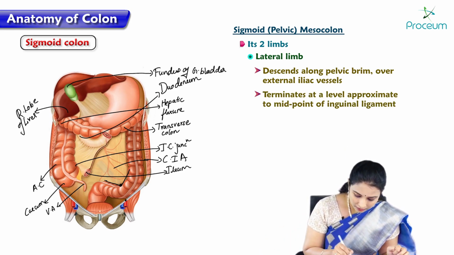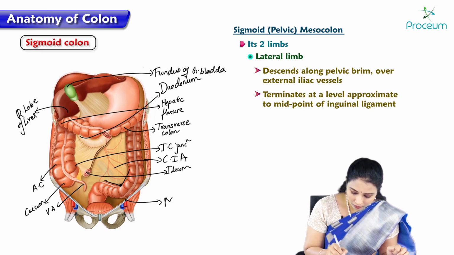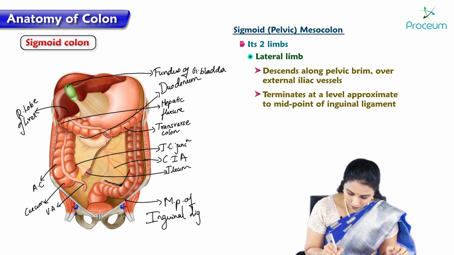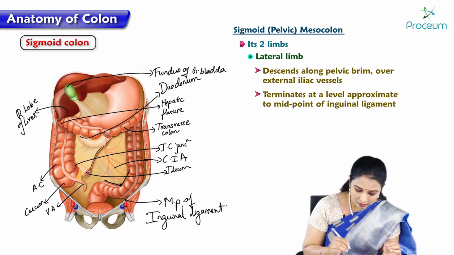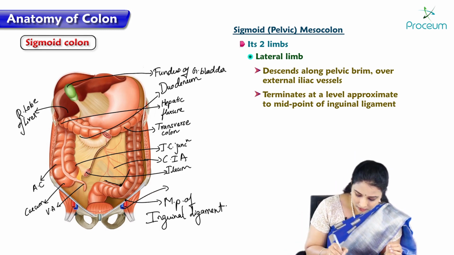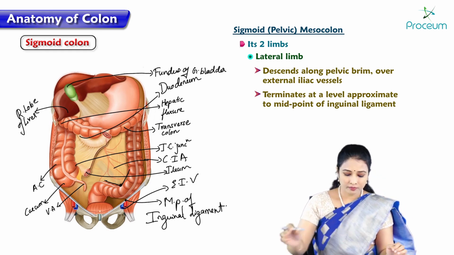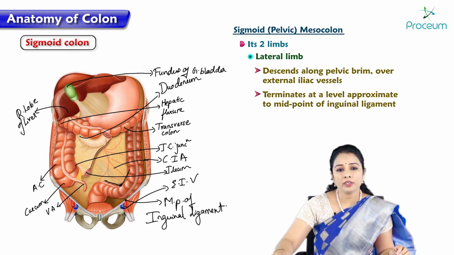So, here this is the midpoint of inguinal ligament. So, the lateral limb descends down over the external iliac vessels. So, here is the external iliac artery and vein. So, that is the extension of lateral limb.